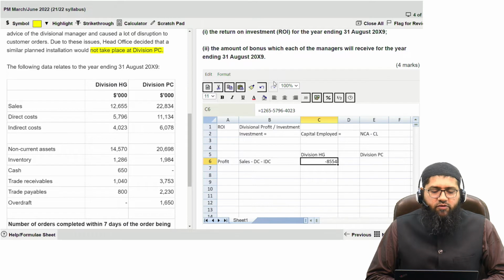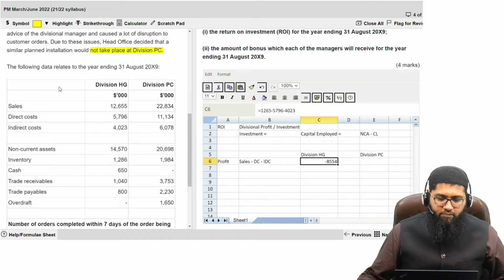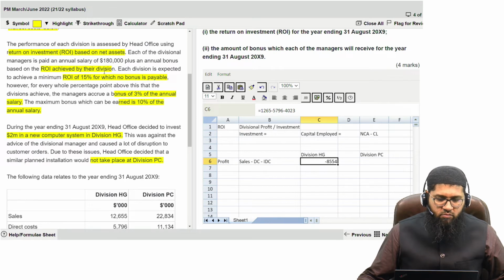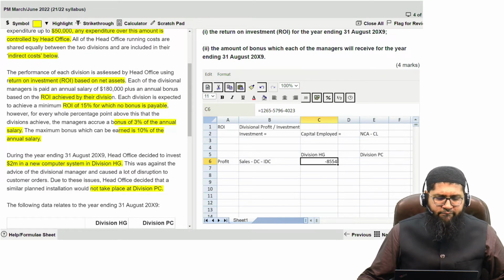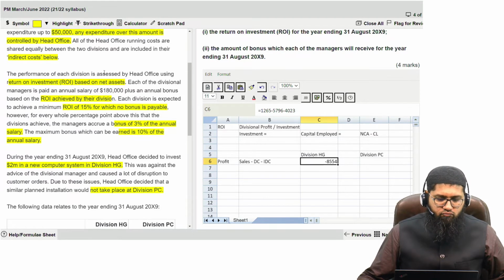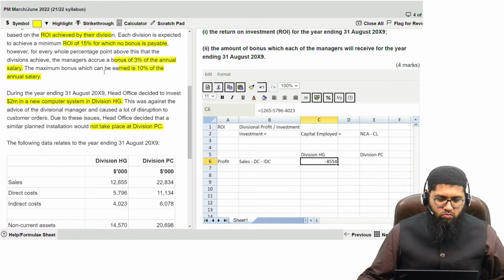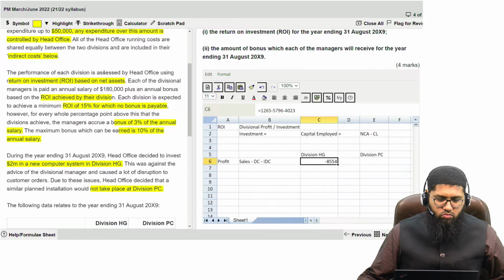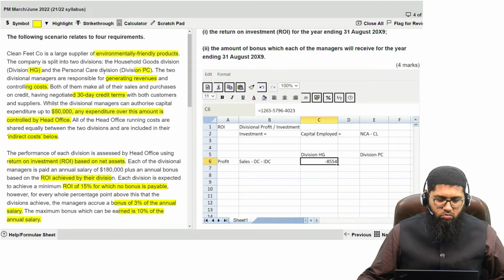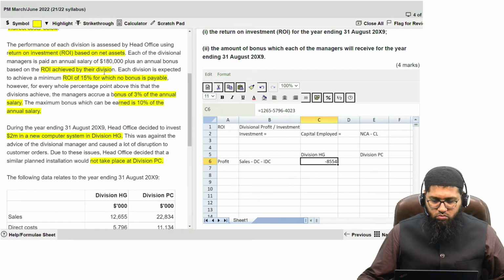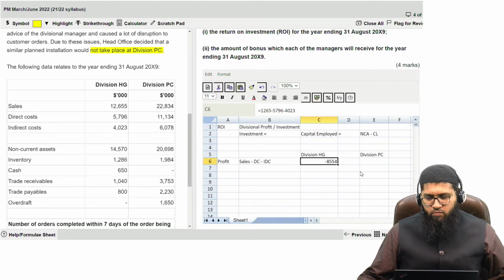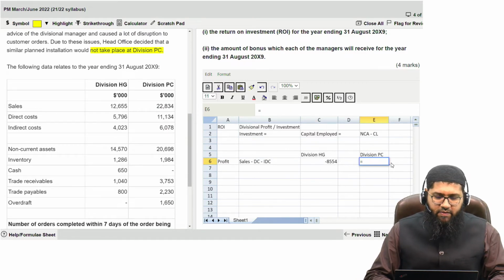So there is actually a loss for division HG. Whereas for division PC, the profit is 22,834 minus 11,134 minus 6,078.